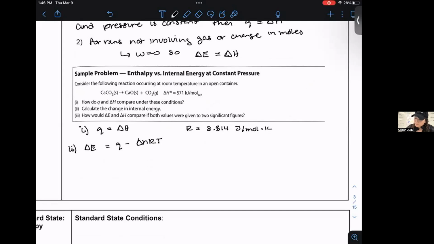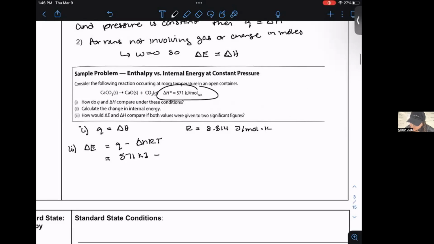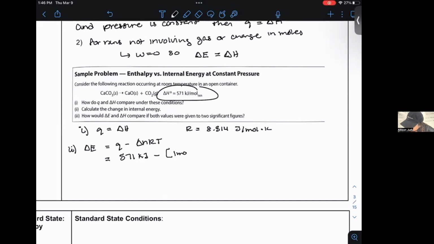Give all the points. So then what we get is, we're given enthalpy, but we're told that in this condition, enthalpy is Q. So it's going to equal 571 kilojoules minus change in nRT, which is 1 mole times 0.008314 kilojoules per mole Kelvin, times room temperature, 25 degrees Celsius standardly, so 298.15 Kelvin, so that all of our units cancel out.